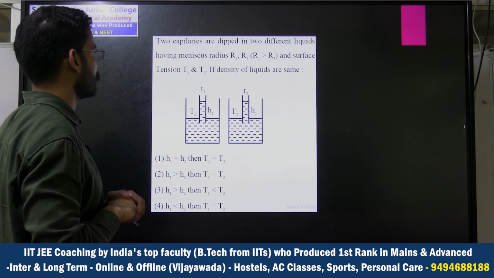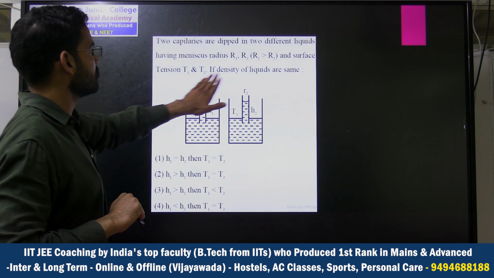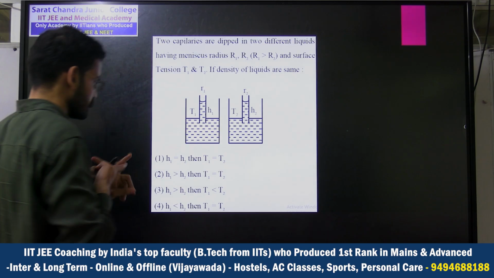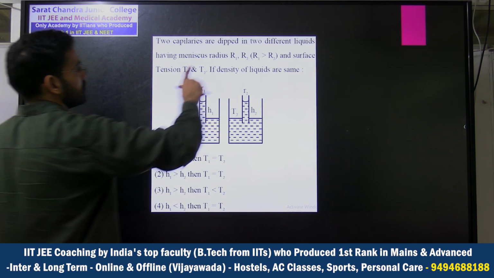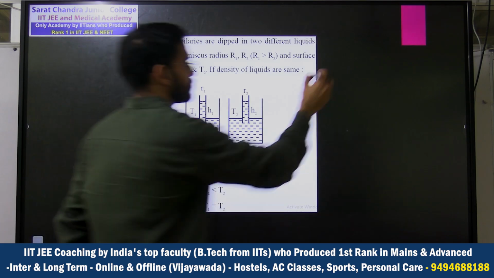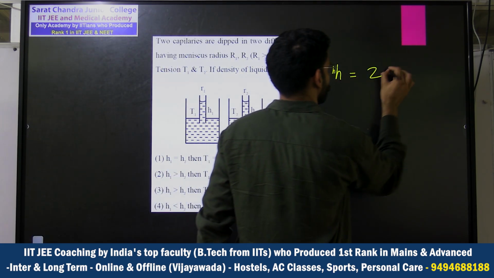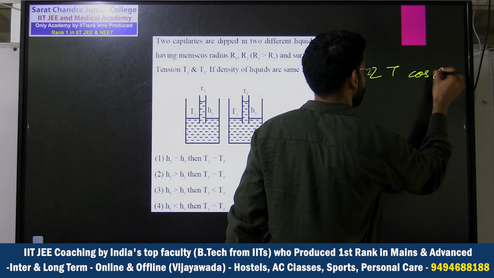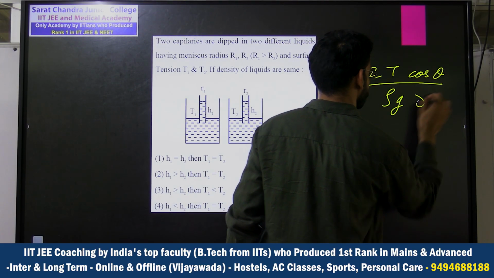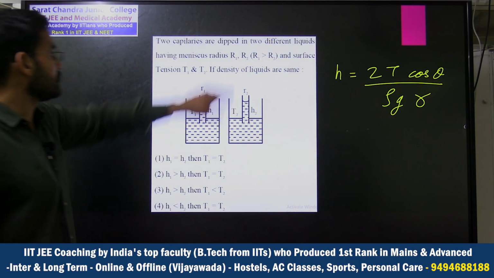So hold this question. Surface tension T1 and T2, and density of the liquid is the same. Meniscus radius R1 and R2 are given. First of all, you understand h is equal to 2T cos theta by rho g r, small r, and he gave capital R.